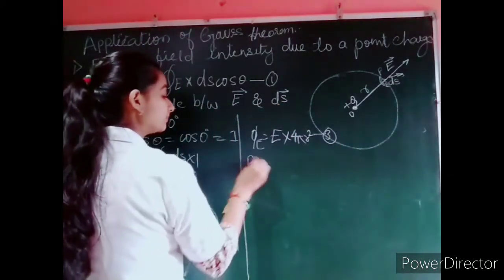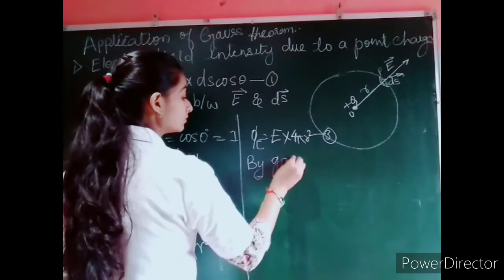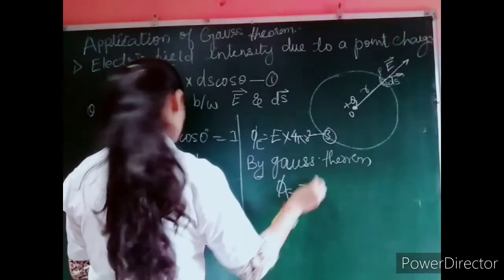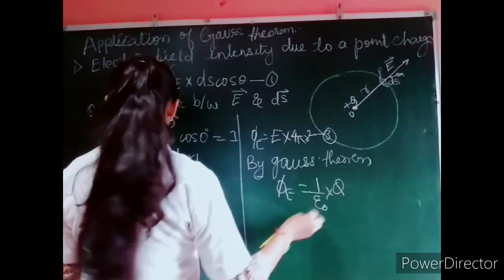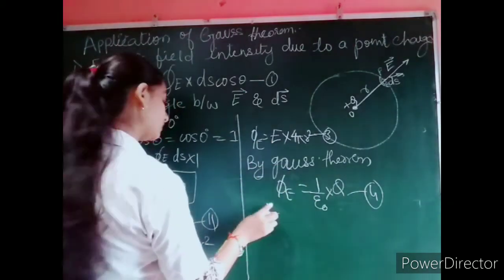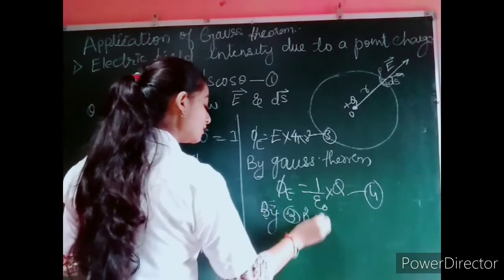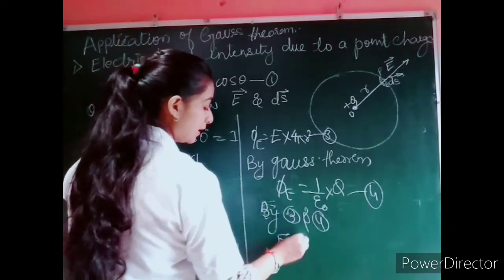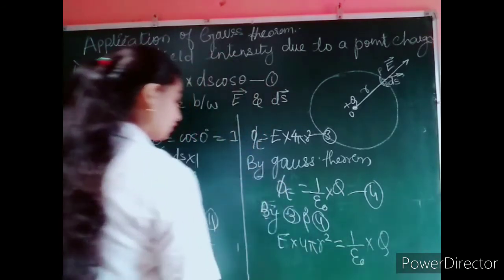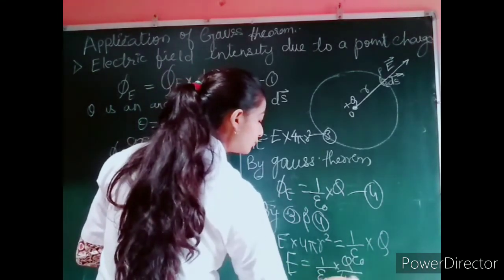Now by Gauss theorem phi E is equal to 1 upon epsilon 0 into q, that is equation 4. Now by equation 3 and 4 we have E into 4 pi r square is equal to 1 upon epsilon 0 into q, then E is equal to 1 upon epsilon 0 into q upon 4 pi r square.